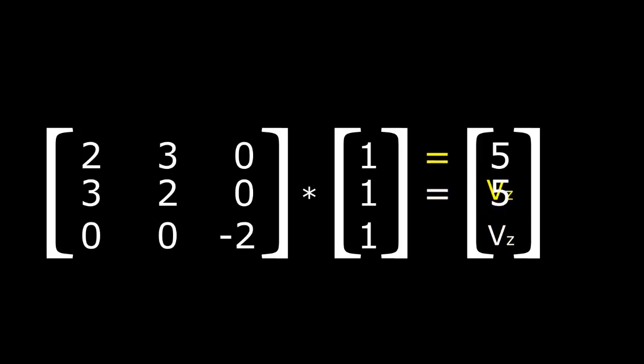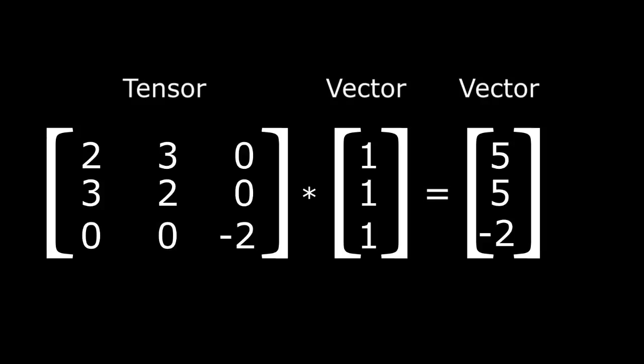Finally, multiplying the third row, 0 times 1 equals 0, 0 times 1 equals 0, and minus 2 times 1 equals minus 2. 0 plus 0 minus 2 equals minus 2, the third and last component of our new matrix. So you can see that multiplying our second-order tensor by a vector gives us another vector.